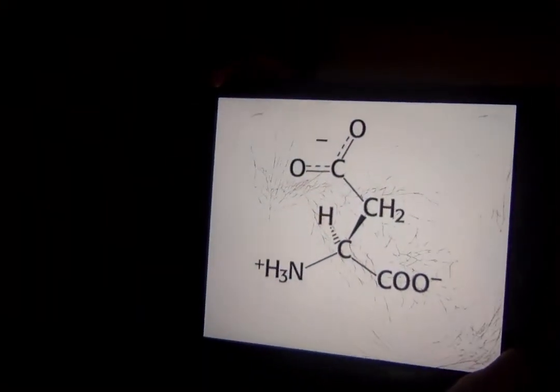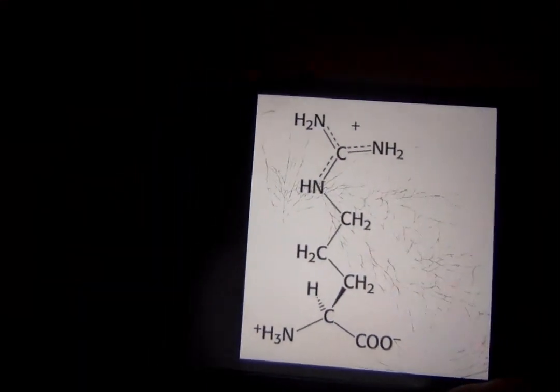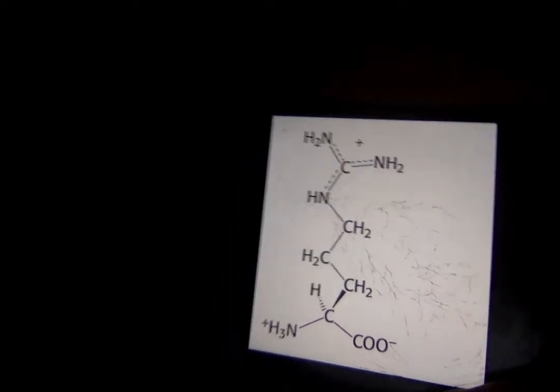You can really just choose any positively charged side chain and negatively charged side chain. So I just chose aspartate, which, as you can see, has a negatively charged side chain, and I chose arginine, which is right here from the textbook. It has a positively charged side chain, and they would interact in a similar way because they have opposite charges, which would attract them to each other instead of repel them.